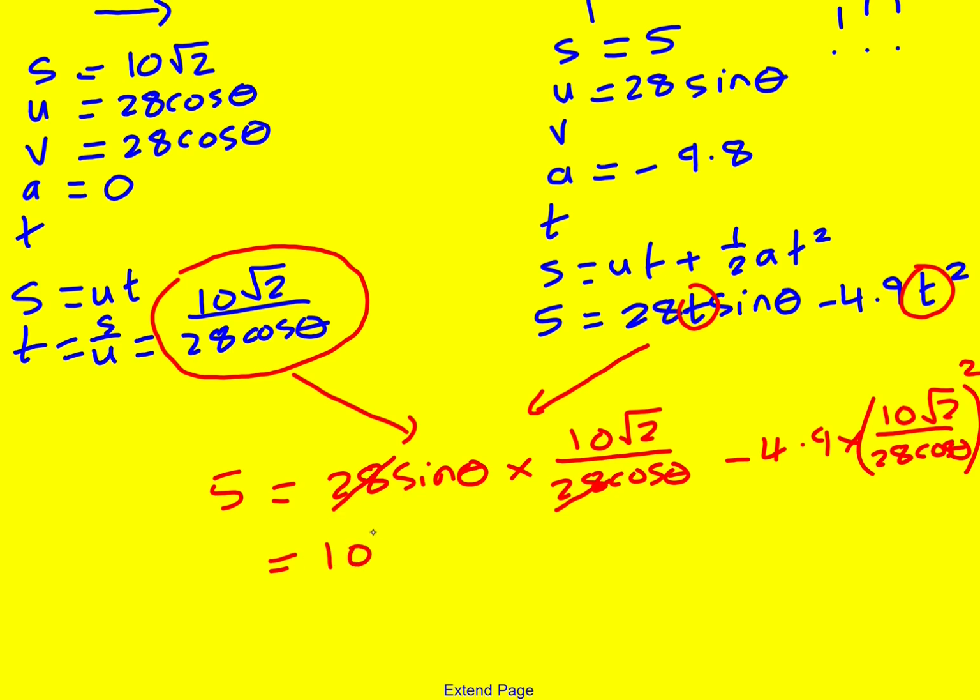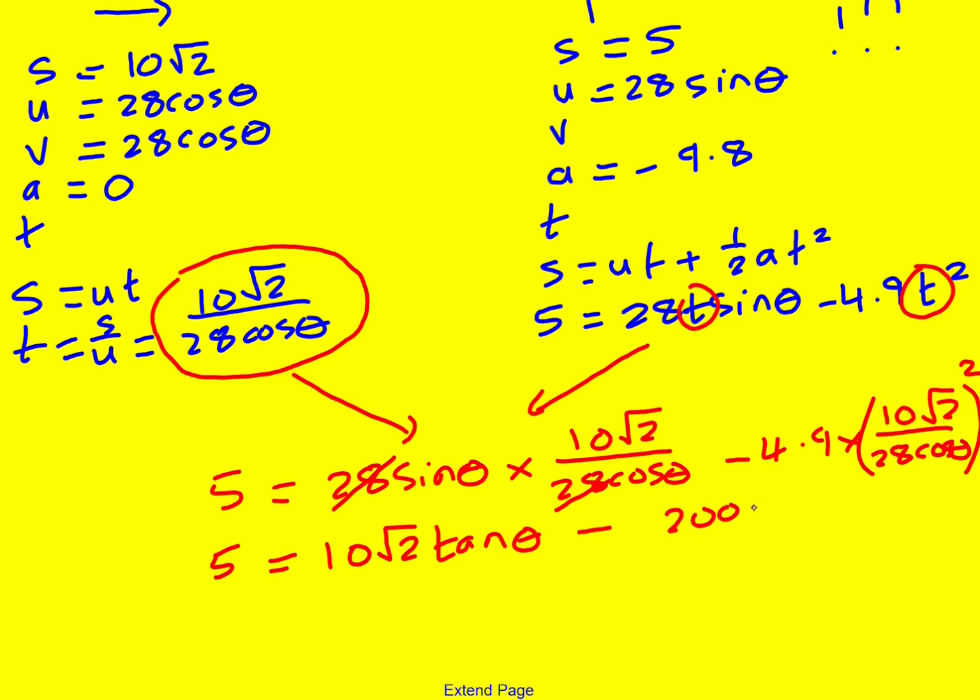Over here, I get 10 root 2 times sine theta over cos theta. We tend to try and write it in terms of tan theta because we can get the whole thing in terms of tan theta. And then over here, I'll square root 2 to give 2, square 10 to give 100, so it'll be 200.